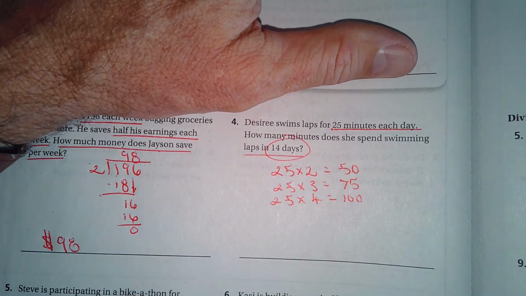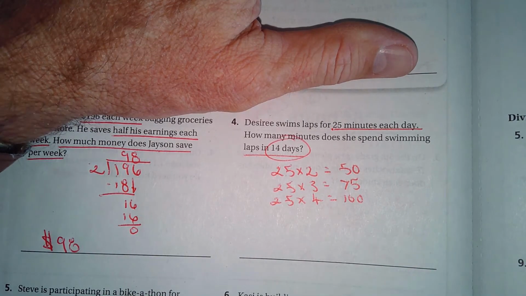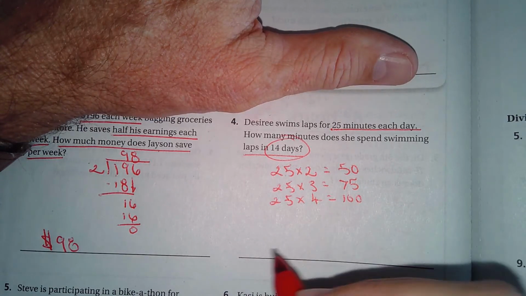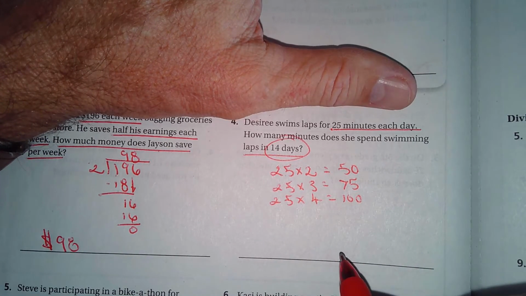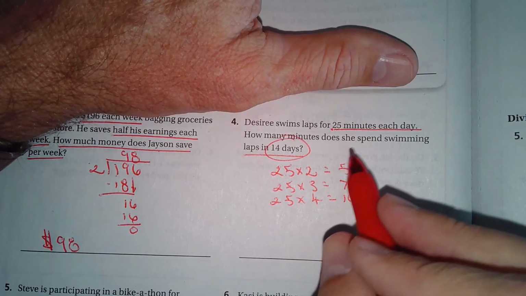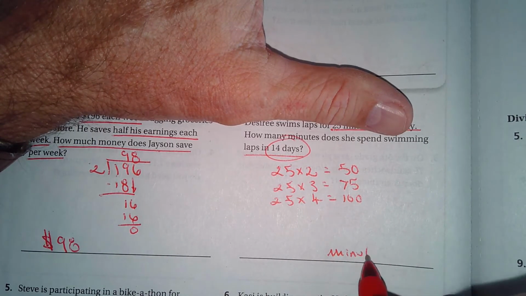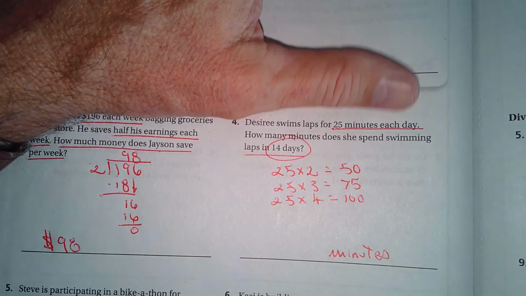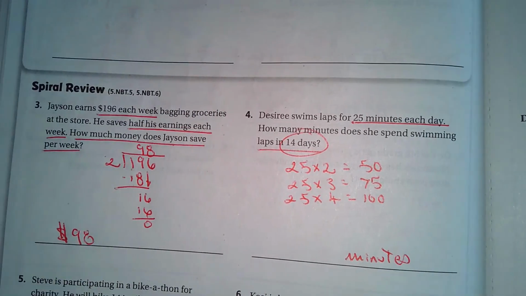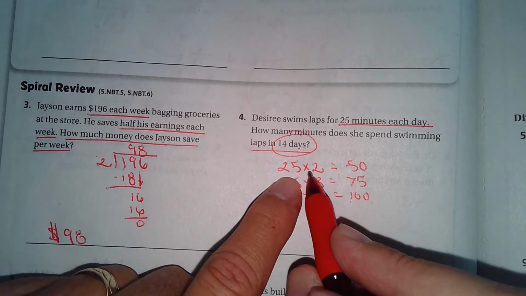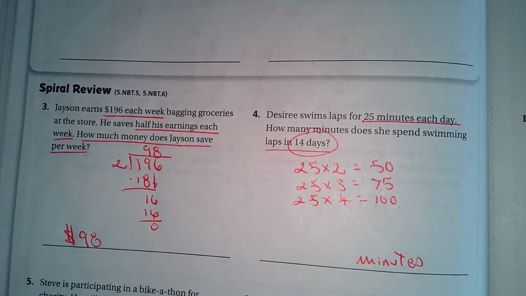So it'd be 25 times 14. I'll let you figure that one out, and don't forget, whatever the number is, that would be minutes. All right, how many minutes she spends? So in 4 days, she spends 100 minutes, 3 days, 75, 2 days, 50 minutes.